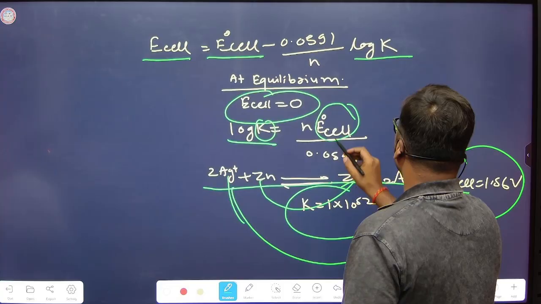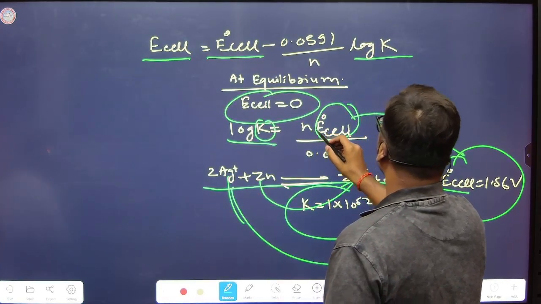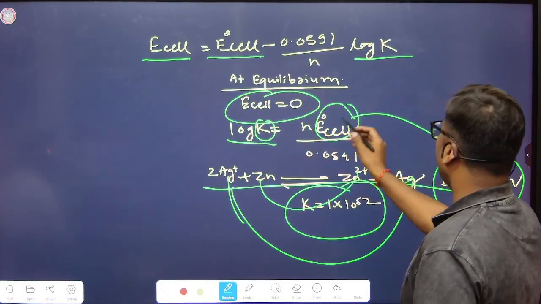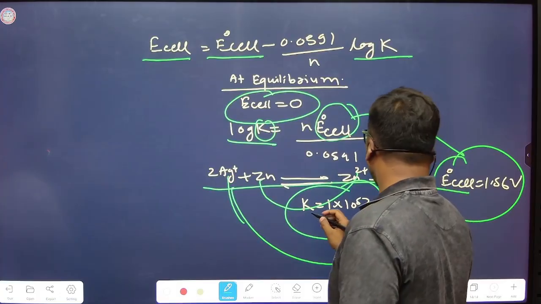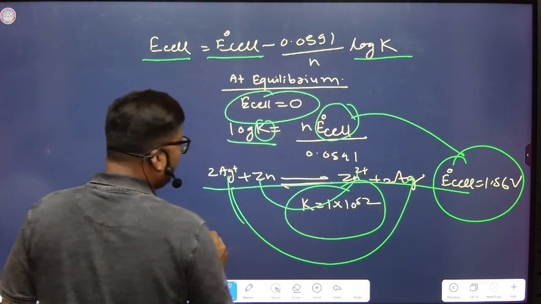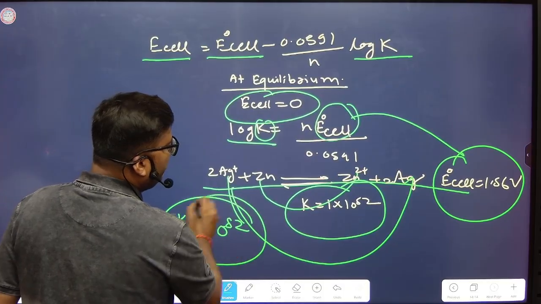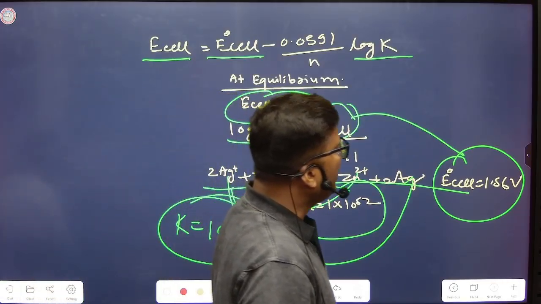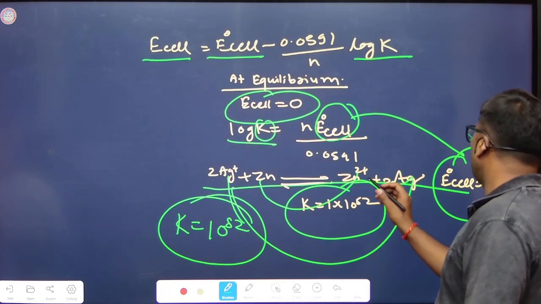By putting this value here, and the value of n for this reaction is 2, and 0.0591, and taking the antilog, after the final calculation we get the equilibrium constant K equal to 1 multiplied by 10 to the power 52. So K is equal to 10 to the power 52. It is a very high value, which means the equilibrium constant is very, very high, and that favors the formation of zinc 2 plus, right?